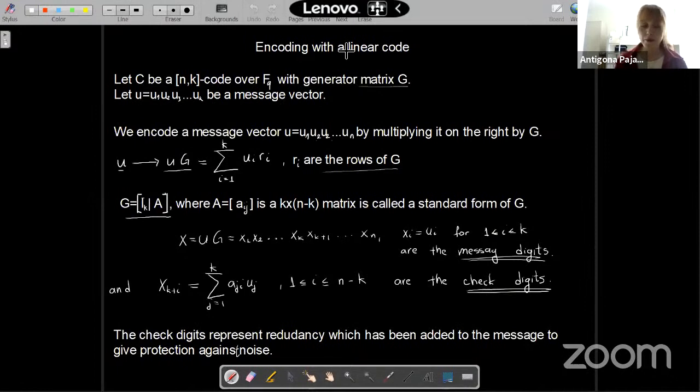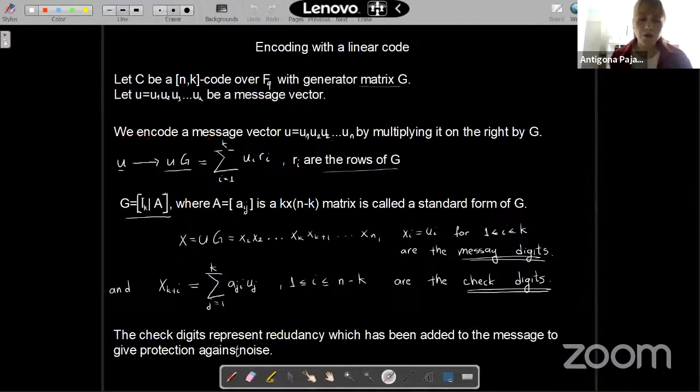Now, if you remember the first scheme that I showed you, we have the message, and the message is sent to the encoder. So how do we encode those messages? Let C be a linear code over a finite field with Q elements and with generator matrix G, and let U be a message vector.